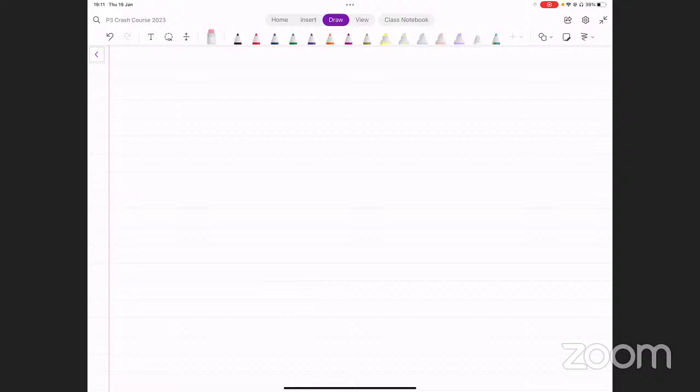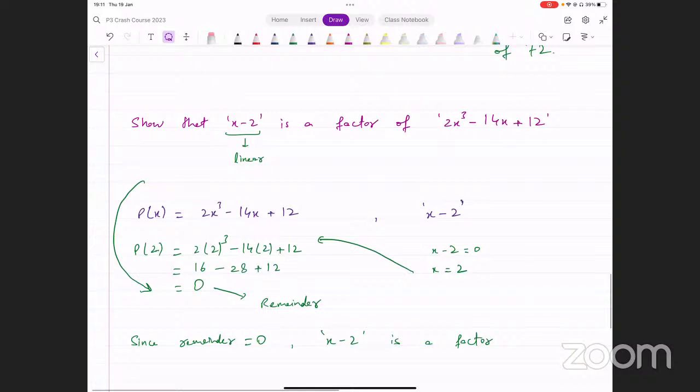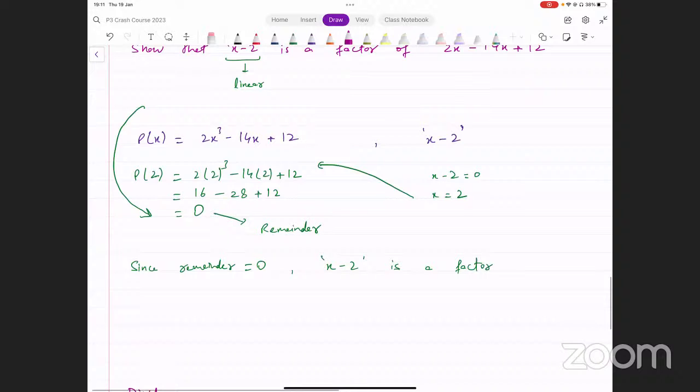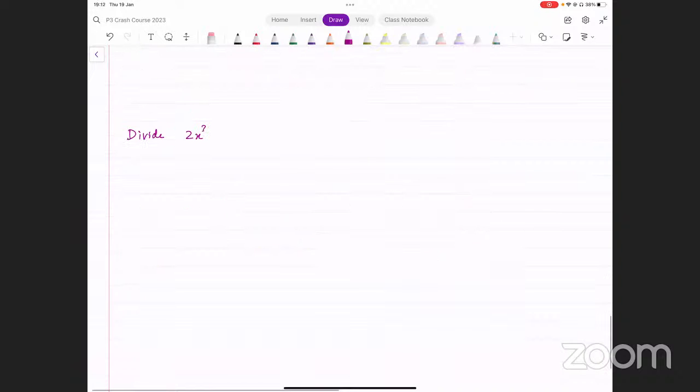Let's take another example. Let's take, in fact, the same example. इसको मैं थोड़ा सा modify कर लेता हूँ. So divide 2x cube minus 14x plus 12. ये division पहले की तो नहीं है?